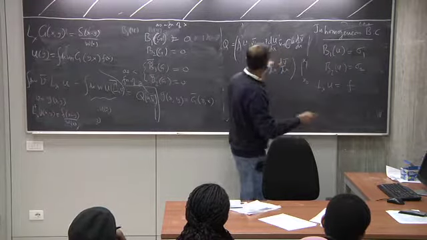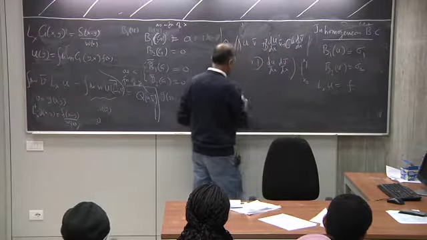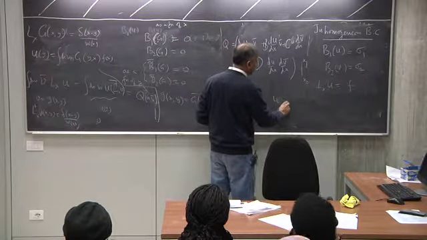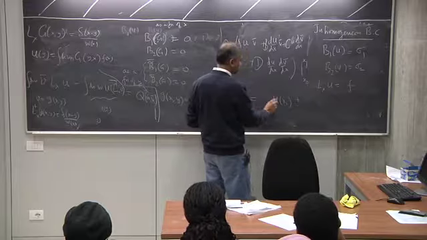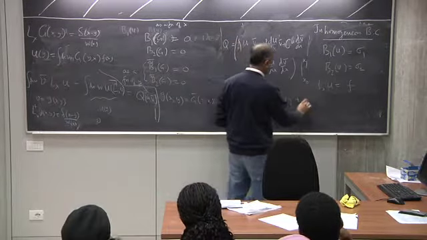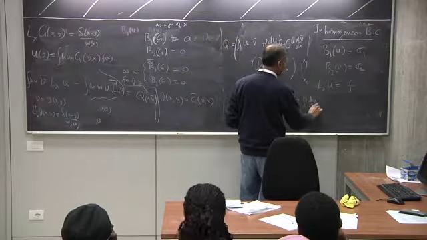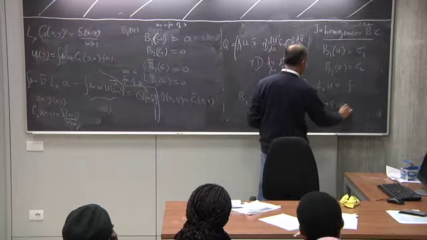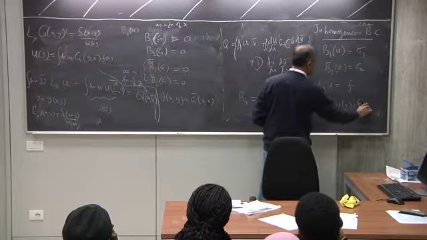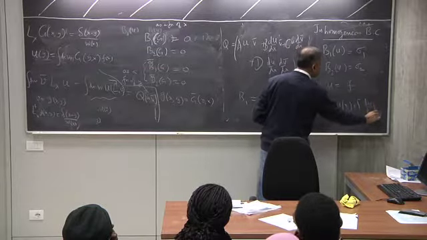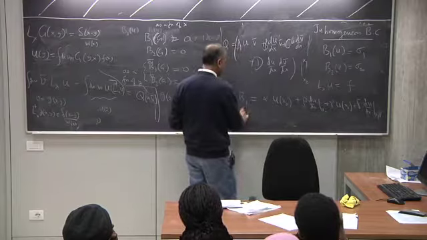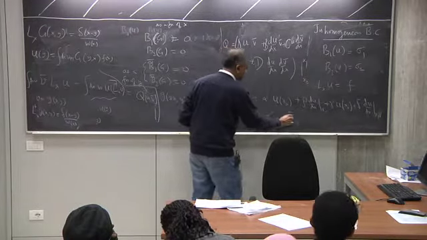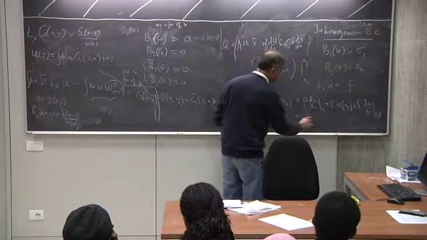These boundary conditions, both B1 and B2, involve the value of u at x0 with some coefficients, say alpha, plus beta du by dx at x0, plus gamma u at x1 plus delta du by dx at x1. This is the B1 condition, and B2 is again the same thing with alpha primes, some different numbers.